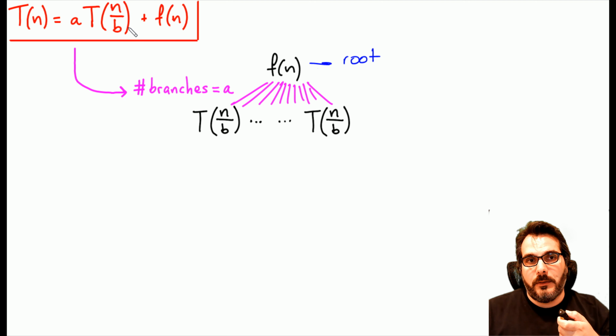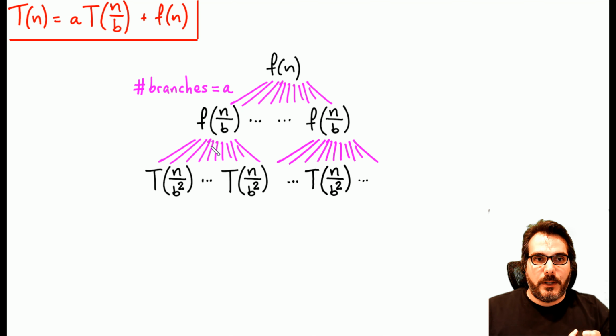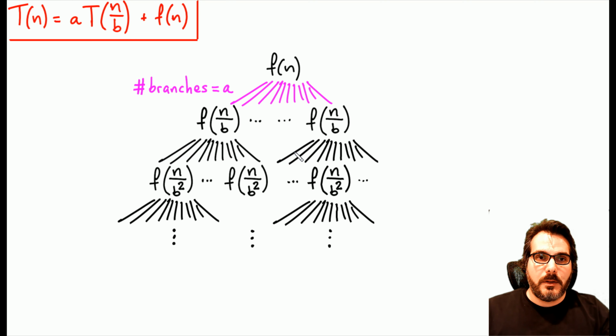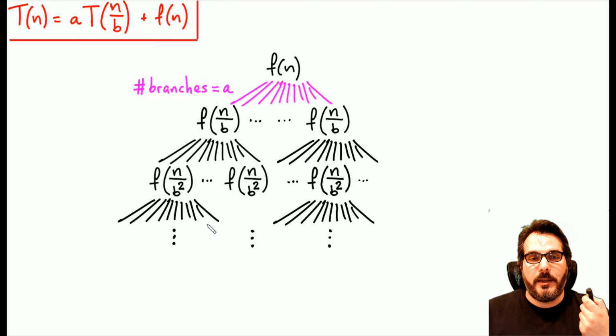Then, in the next step, we have another a branches for each of them, and it goes on until we find the Theta(1) in the leaves.